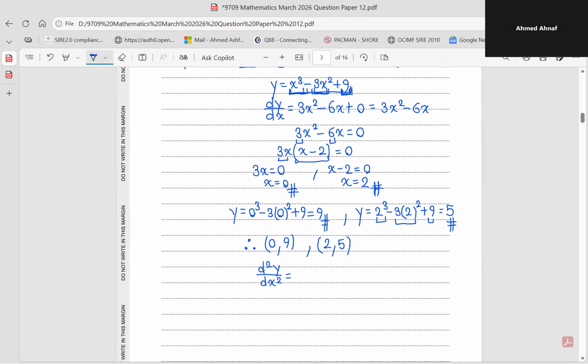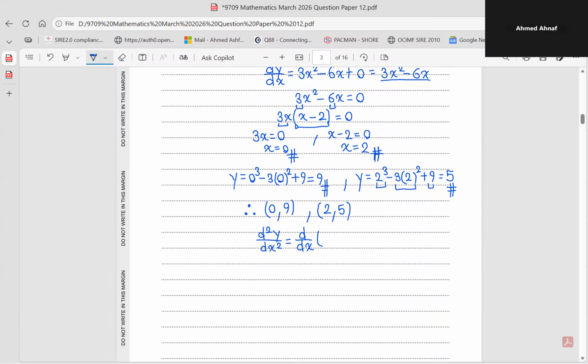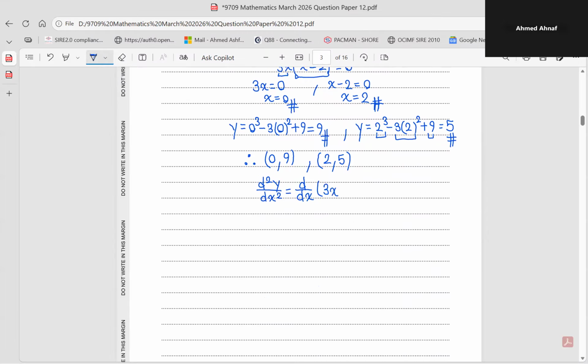So we differentiate this expression with respect to x, of course. 3x squared minus 6x. Differentiating this, you bring the 2 forward, so 3 times 2 is 6, minus 1 from the power 2. So you just get 6x. Then keep the sign and differentiate this.